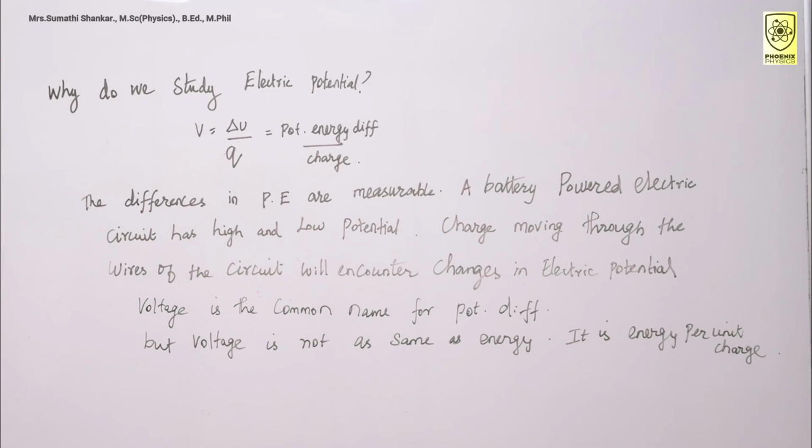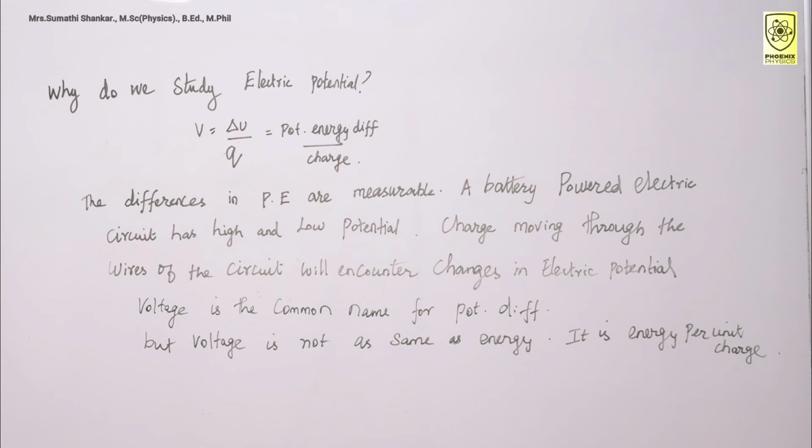For example, a battery powered electric circuit has high and low potential because each battery has two terminals, one positive terminal and another negative terminal. From these terminals we can easily measure the potential difference.